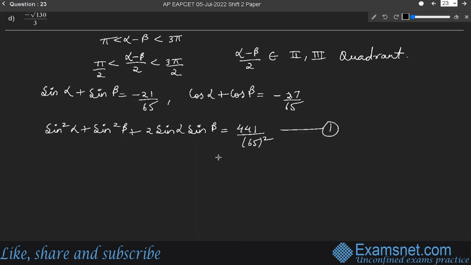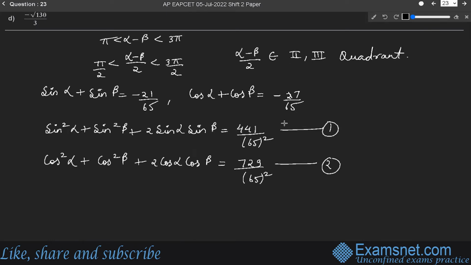Let this be equation number 1. On squaring the other expression, we will get cos square alpha plus cos square beta plus 2 cos alpha into cos beta is equal to 729 divided by 65 square. Let this be equation number 2.